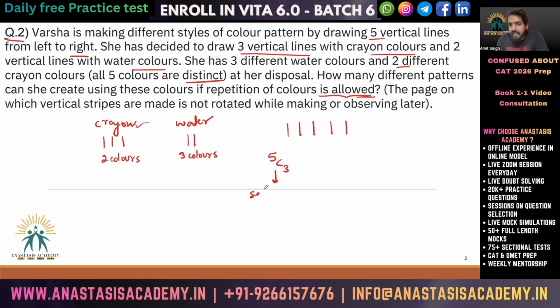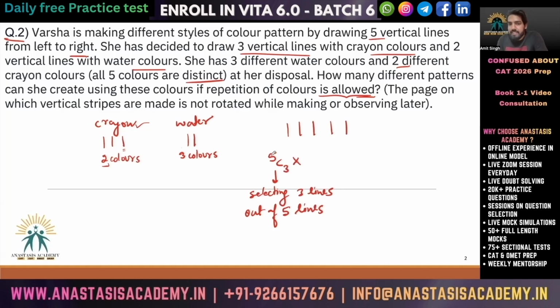This is selecting 3 lines out of 5 lines. Now, can you see these 3 lines? How many options of color are available for each of the lines? The first line could be colored in 2 ways, the second line could be colored in 2 ways, and the third line could be colored in 2 ways, because there are 2 options available for crayon colors.